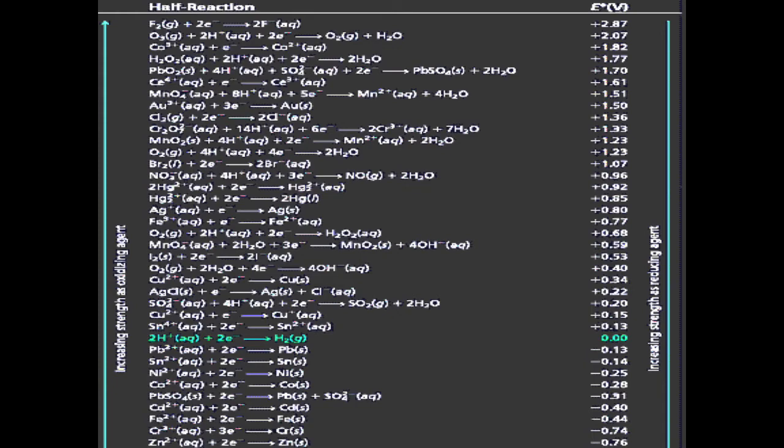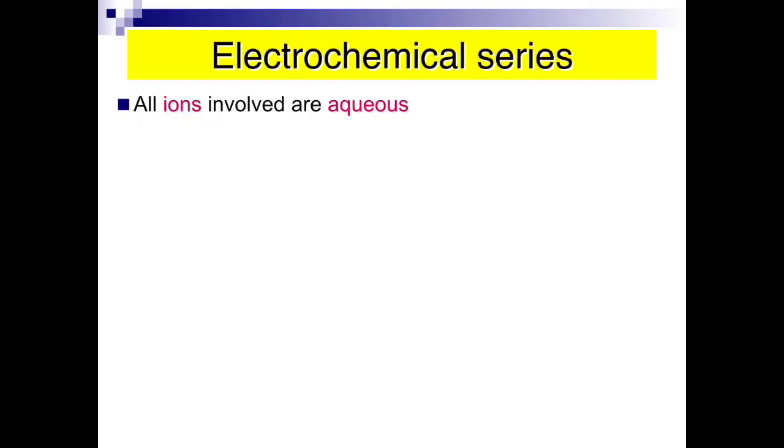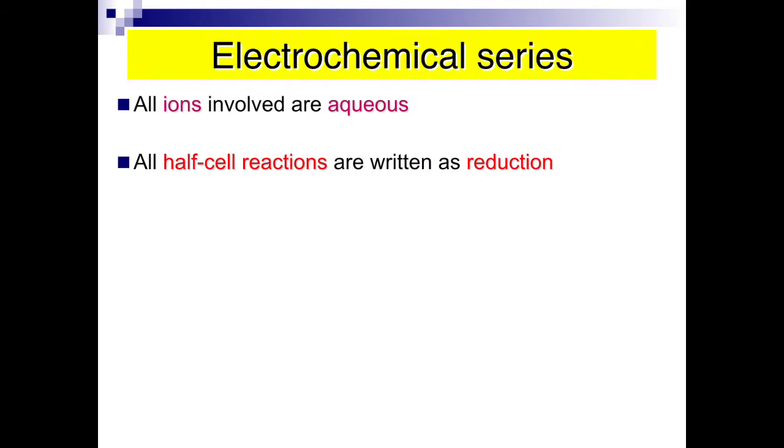The following diagram shows an electrochemical series, which is also attached to your lecture notes. Please refer to this as we study the electrochemical series. Some facts about the electrochemical series: all ions involved are aqueous. All half-cell reactions are written as reduction equations.